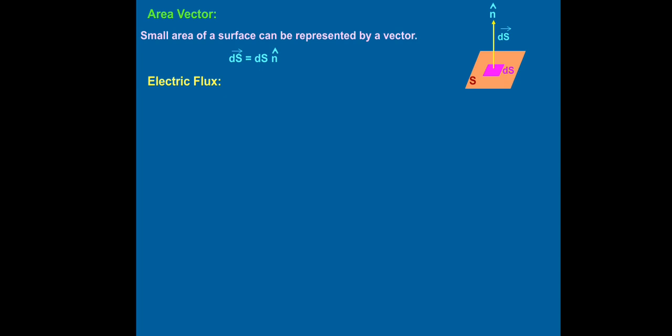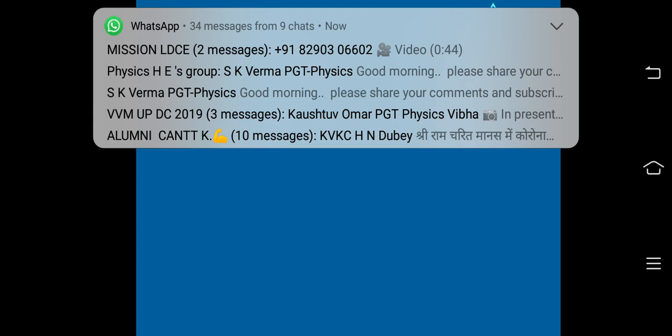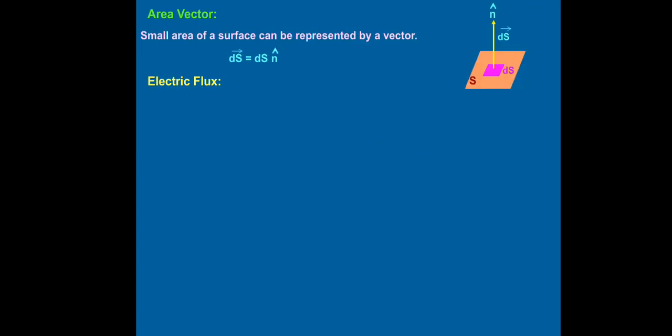Now using this idea, we can understand electric flux. So what is the electric flux? We know that when there is a charge in space, then around the charge a physical quantity is established which is called the electric field. This electric field is represented by solid arrow lines: for a positive charge, the arrows start from the charge to infinity, while for a negative charge they go from infinity to the charge.